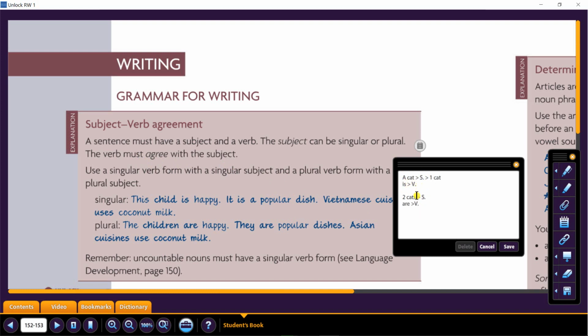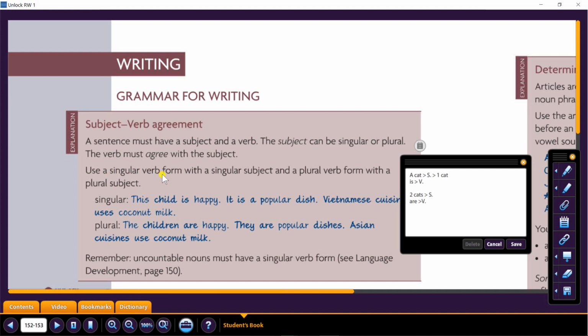In Arabic, just to make things clear to you ladies, the verb must agree with the noun. If the noun is singular, the verb to be needs to be singular. And if the subject is plural, the verb to be needs to be plural. And that's it. As simple as that.